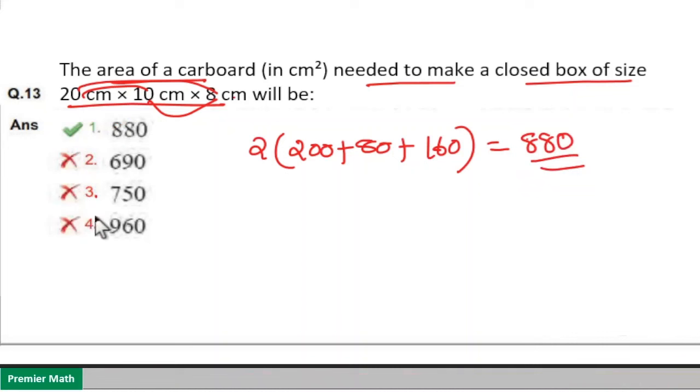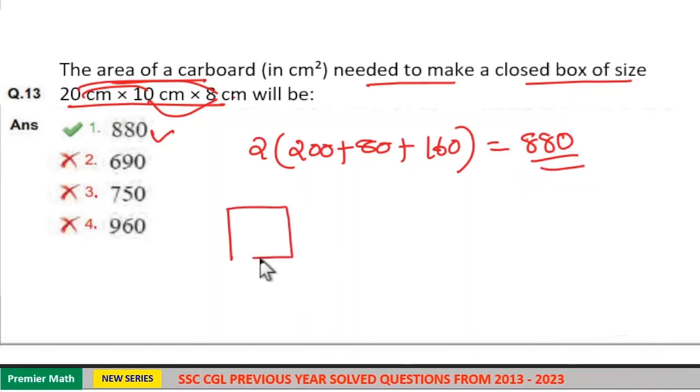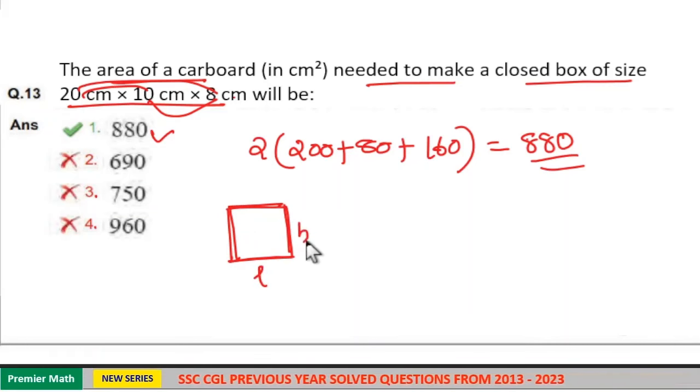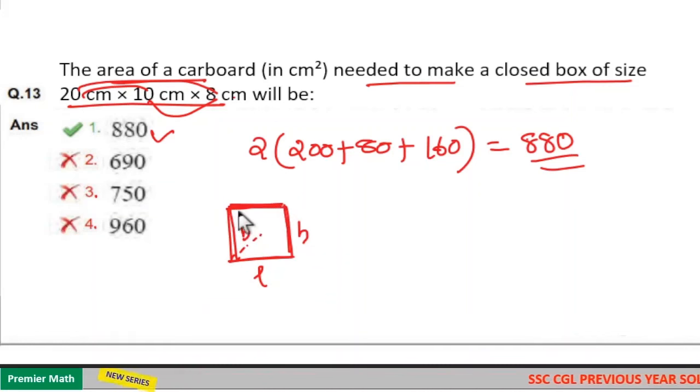That is, here, this closed box has 6 sides. That is, top, bottom, left, right and front and back. Here if I take this as L, then this is height. Then there is a third side, that is breadth. Now if you consider this top portion, which is equal to length into breadth, that is length into breadth is 200 here.